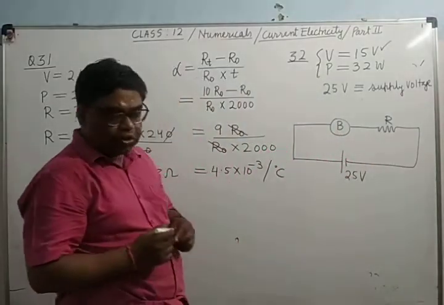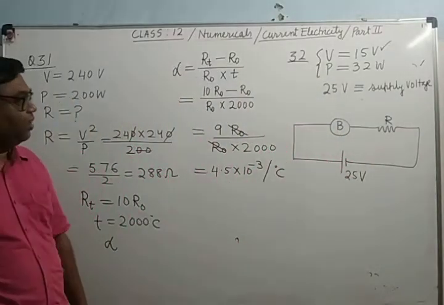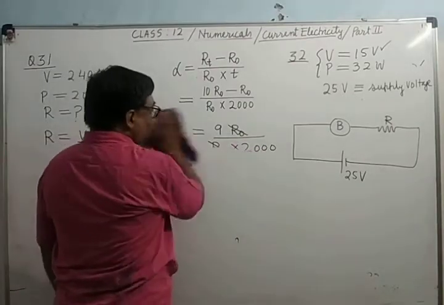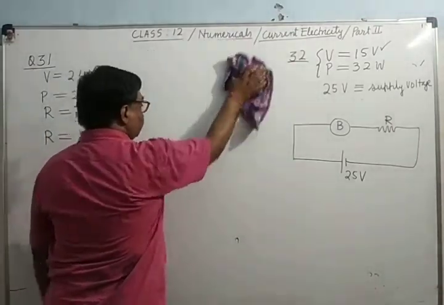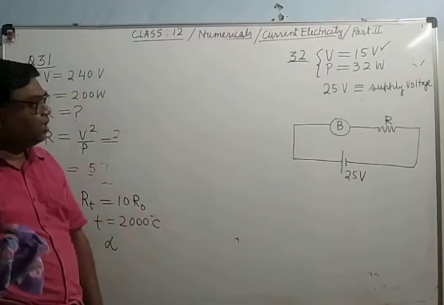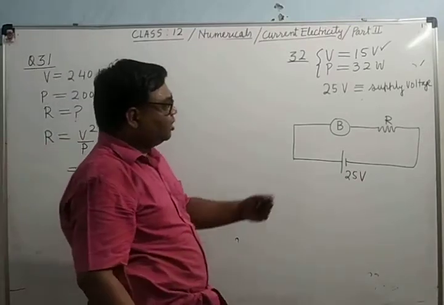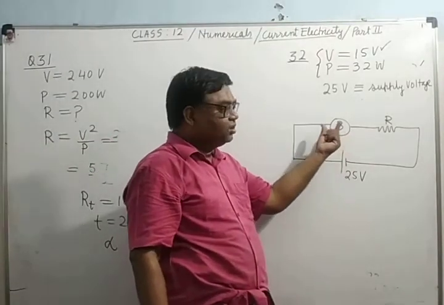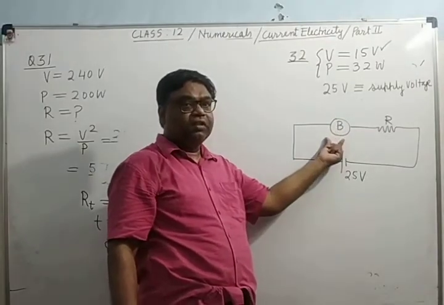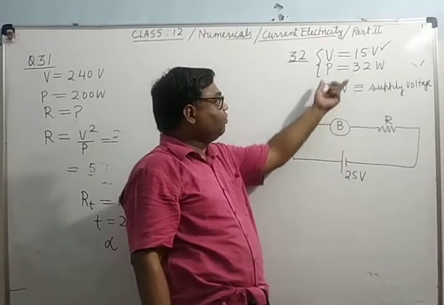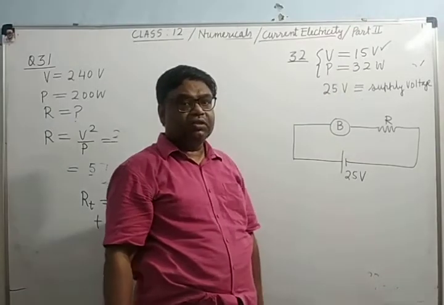Now see here in the question it is given that it is working with full illumination. What does it mean? Working with full illumination means the available voltage across the bulb is 15 volt. Therefore, it is working with 32 watt power.